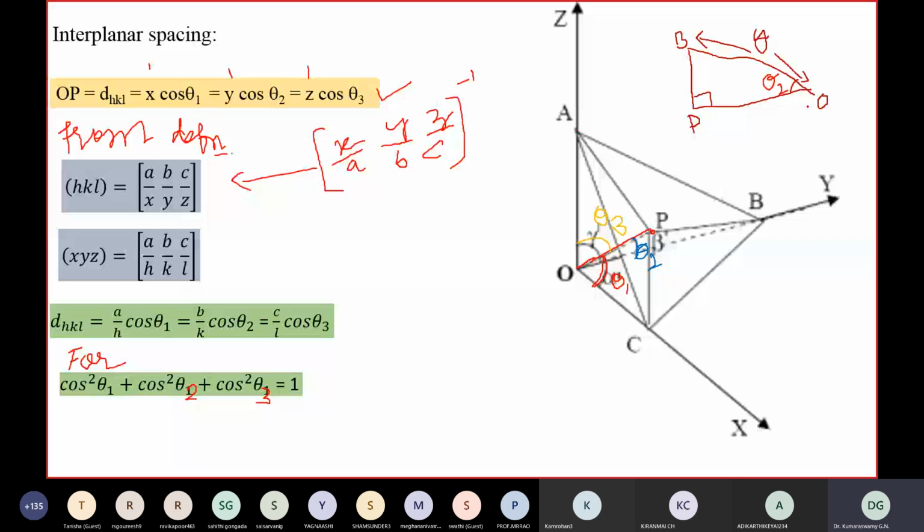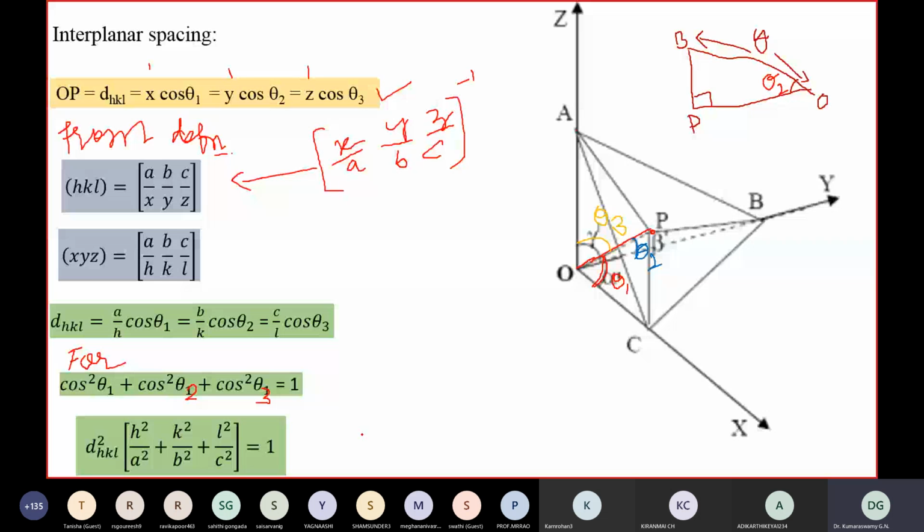d square HKL into h square by a square plus k square by b square plus l square by c square is equal to 1. We have just done cos square theta 1 plus cos square theta 2 plus cos square theta 3.